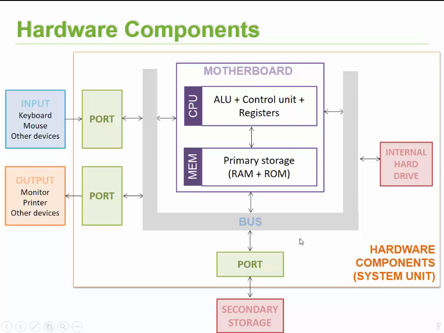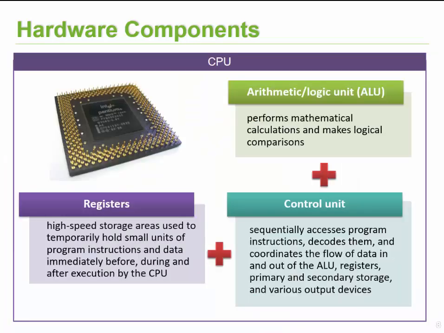Now let's start to look at the meaning of each one of these individual components in a little more detail. So we're going to start off with the CPU. The CPU we said was made up of three components: the ALU, the arithmetic logic unit, the control unit, and registers. Each one of these components has a specific task and objective that they need to adhere to.